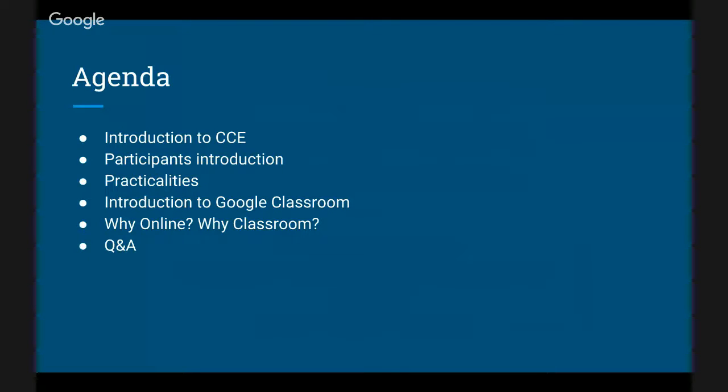Then we will go through some practicalities. Then we will go through the introduction to Google Classroom. We'll go through a quick overview of what exactly Google Classroom means, how it has been working, and how we can use it in our regular classroom scenario, maybe at the school level or even at the college level.